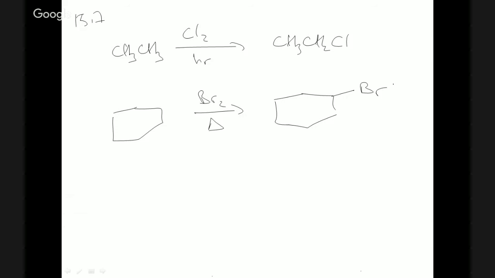Okay? This is a way for us to make very useful building blocks. What can you do with alkyl chlorides, alkyl bromides? Again, you can do substitution or elimination, right? With a non-nucleophilic base we can eliminate, etc., etc. So let's look at stereochemistry now.